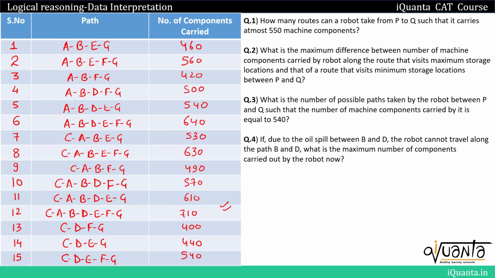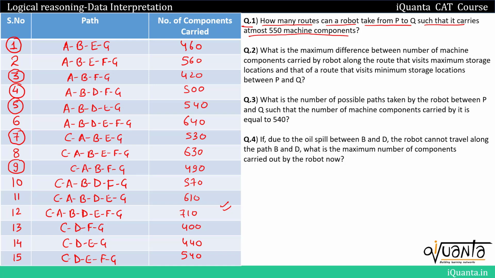So this is the table that we have. First question is, how many routes can a robot take from P to Q such that it carries at most 550 machine components? So at most 550 means 550 or less than that. So let's see how many cases do we have. Case number 1 is there, less than 550. Then case 3, 4, 5, 7 also, 9th one.